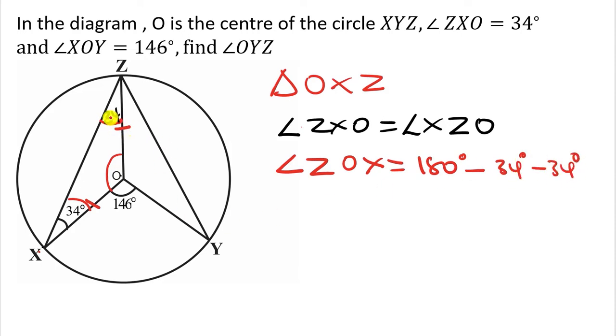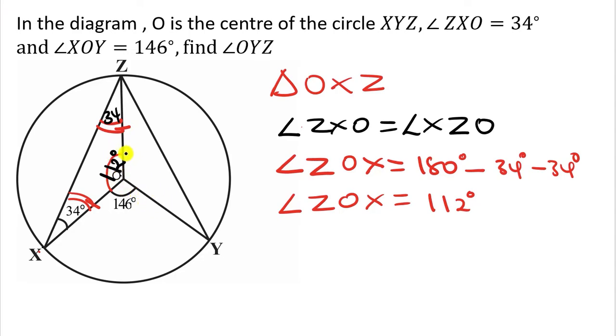That is when you subtract this angle here and then this angle from 180 degrees, that is going to give you the angle at O. All right, so it means that we are going to get our angle ZOX to be equal to 112 degrees. So now we know that whatever angle that we are having here is 112 degrees.